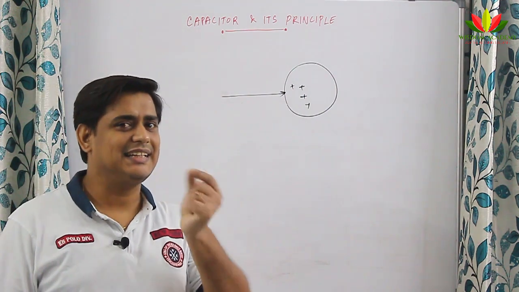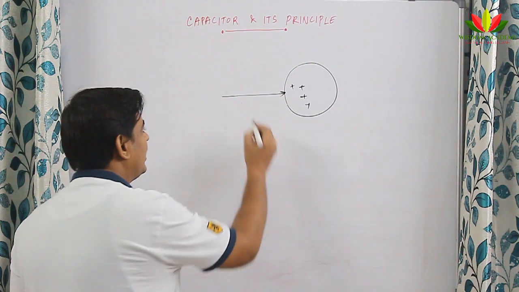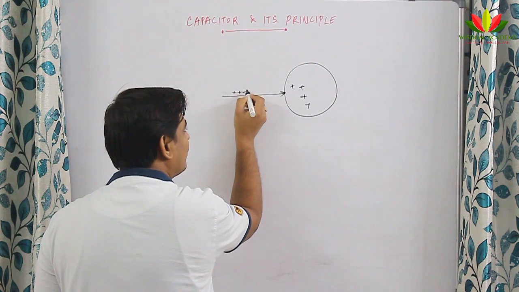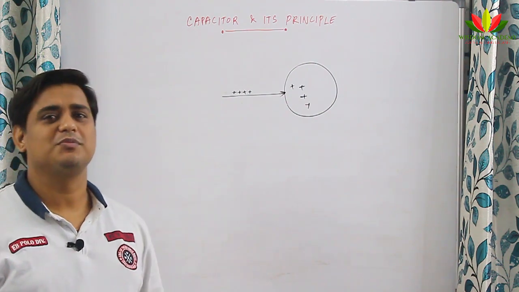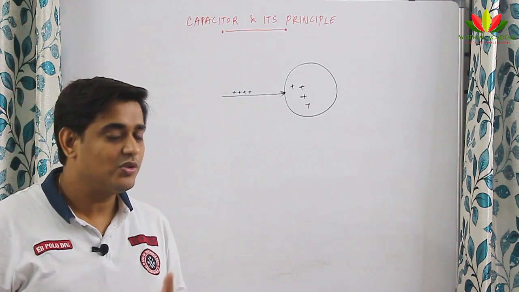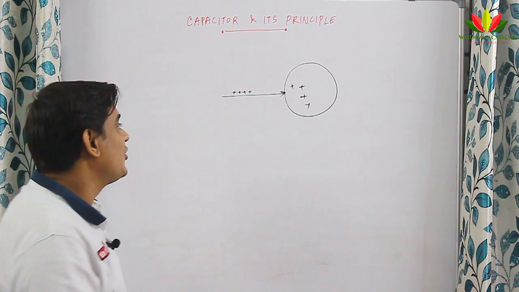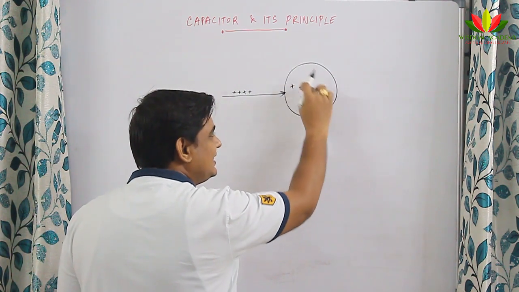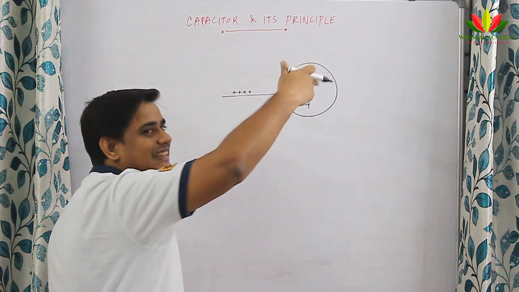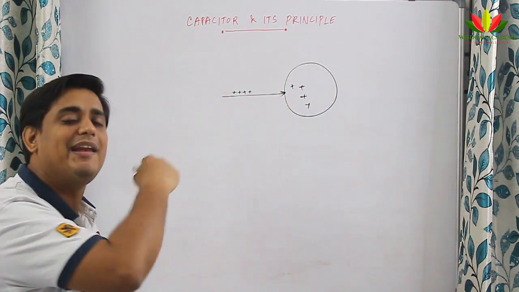Now, I send another 4 charge. When I try to send this another 4 positive charge, will it be easy for this charge to go? Yes or no? Why? Because as you try to push this charge, the 4 charges present inside the conductor will start repelling it.